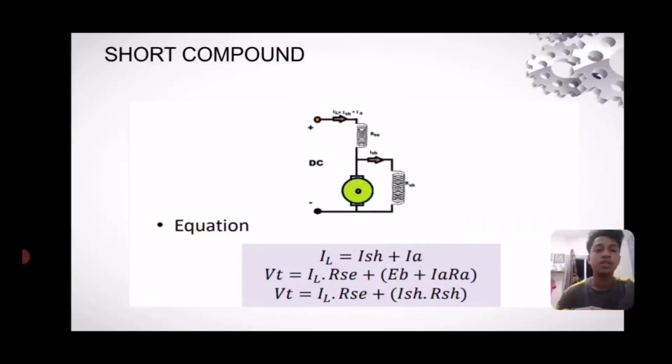VT equals line current multiplied by series resistance plus back EMF plus armature current multiplied by armature resistance. 3. VT equals line current multiplied by series resistance plus shunt current multiplied by shunt resistance.